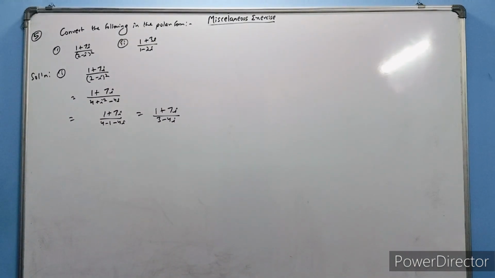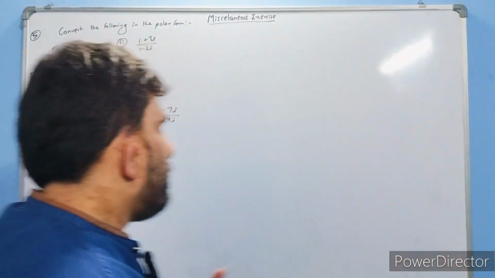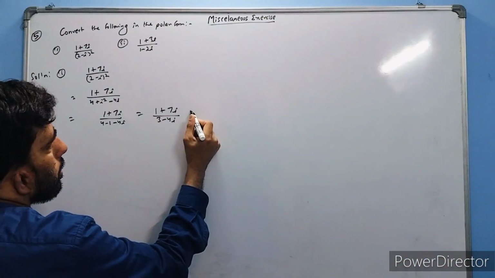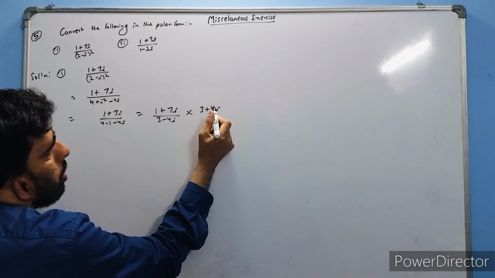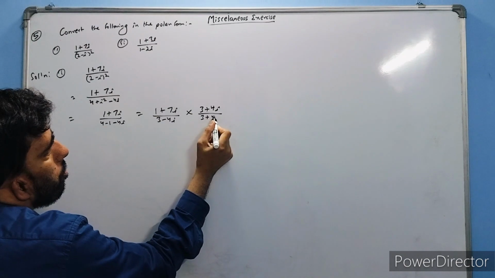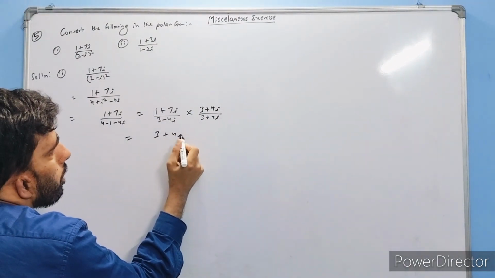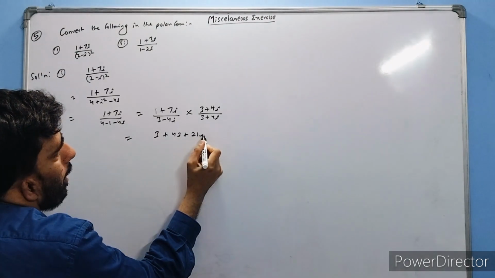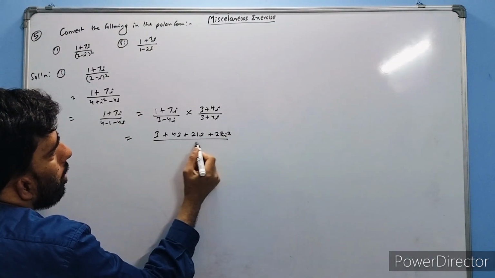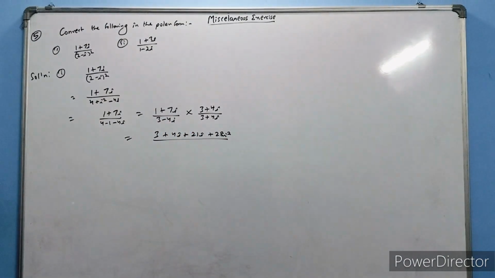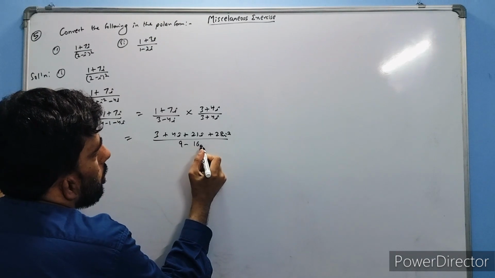So now what will be my next step? We need to rationalize. So let us rationalize this. We multiply by (3 plus 4i) upon (3 plus 4i). Now we'll get 3 plus 4i plus 21i plus 28i square upon, using (a minus b)(a plus b), a square minus b square, that is 9 minus 16i square.